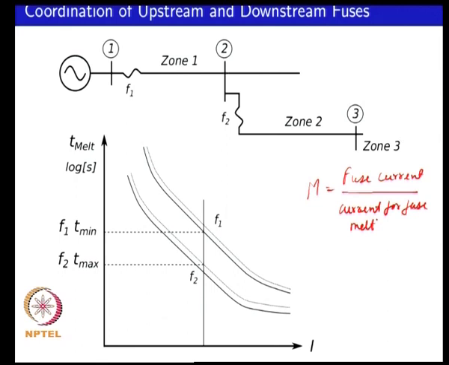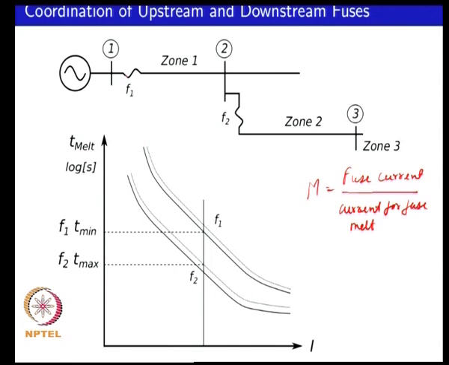So, in this particular case, again we can define, say, zone 1 and zone 2, and we can define what it means by coordination between fuse 1 and fuse 2. For example, if you have a fault in zone 1, fuse 1 is the device which needs to operate. By coordination, if you have a fault in zone 2, you want fuse 2 to melt without damaging fuse 1. Okay.